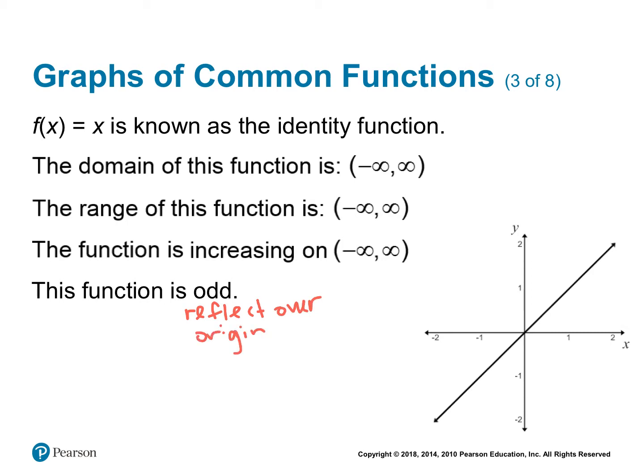Reflect over the origin. So you may have seen this before as just y equals x. And in past math classes, we said you can put a 1 in front of this. This number is the slope. So it just has a constant slope of 1. It's going up gradually in the positive direction.